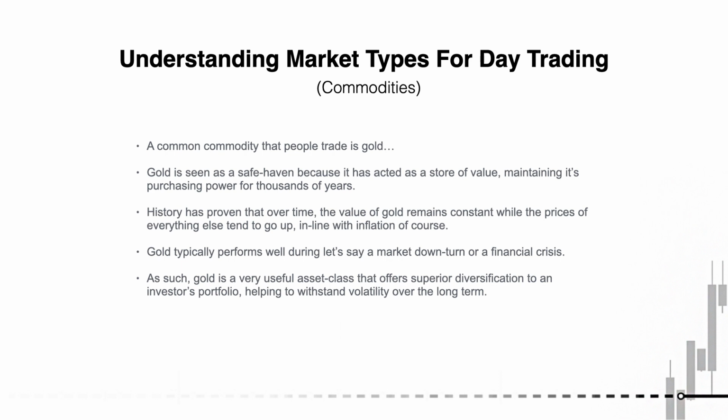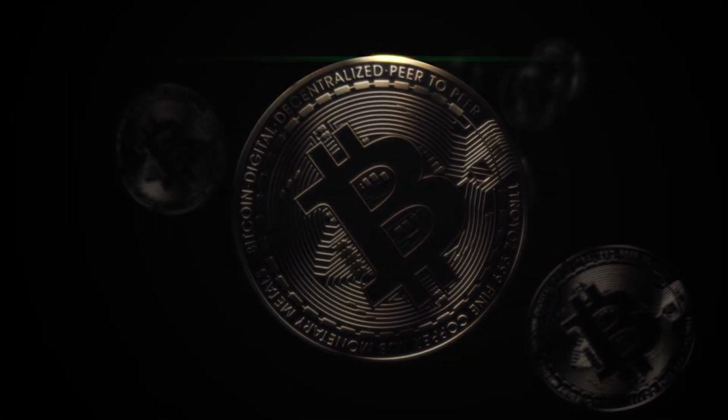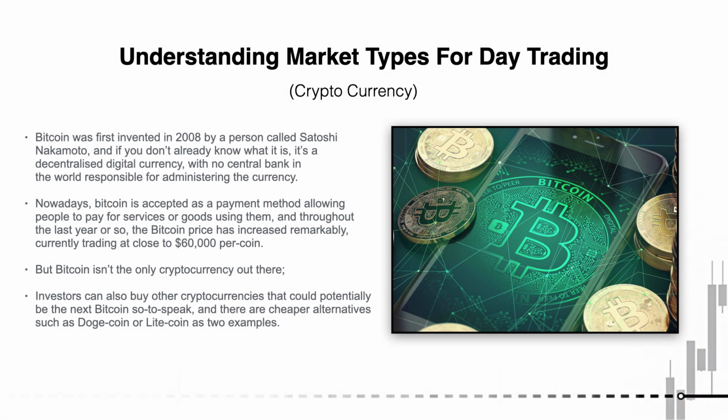Finally, and I'm sure you'll agree with me here, it would be an injustice for us to leave out the most recently popular asset class, cryptocurrencies, right? One example being Bitcoin. Bitcoin was first invented in 2008, I believe, by a person called Satoshi Nakamoto.